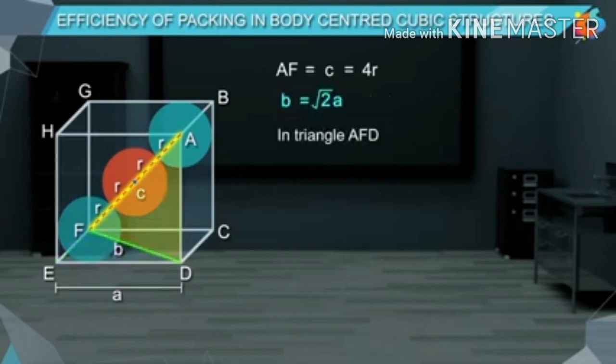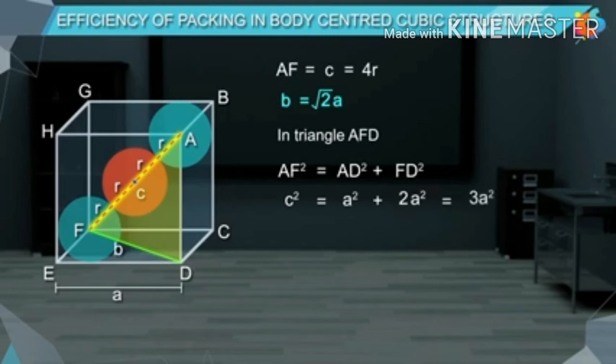Now, in triangle AFD, AF square is equal to AD square plus FD square. c square is equal to a square plus b square. c square is equal to a square plus 2a square, which is equal to 3a square. c is equal to square root of 3 a. But c is a body diagonal which is equal to 4r.